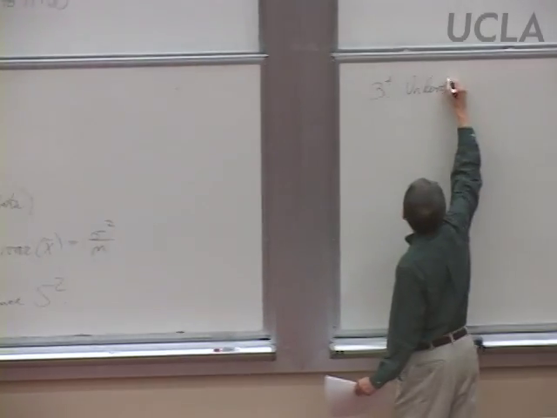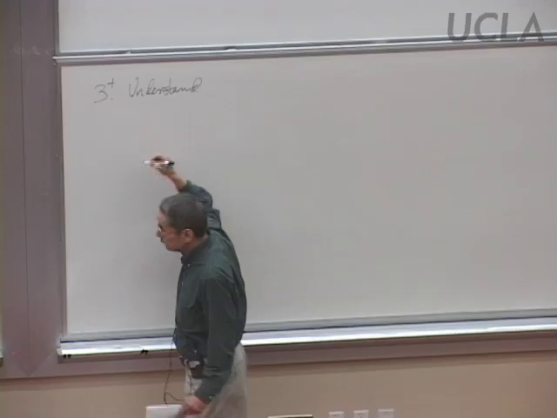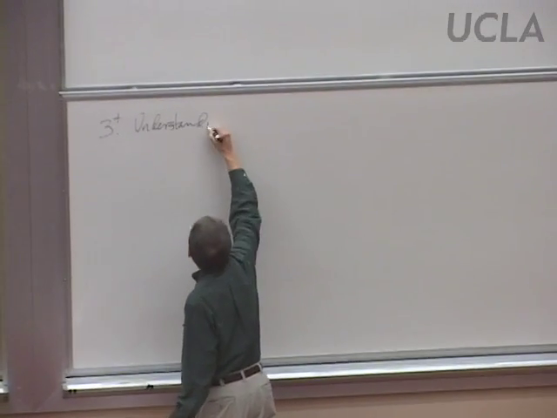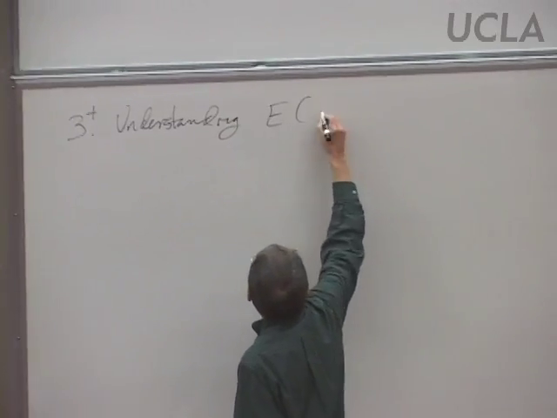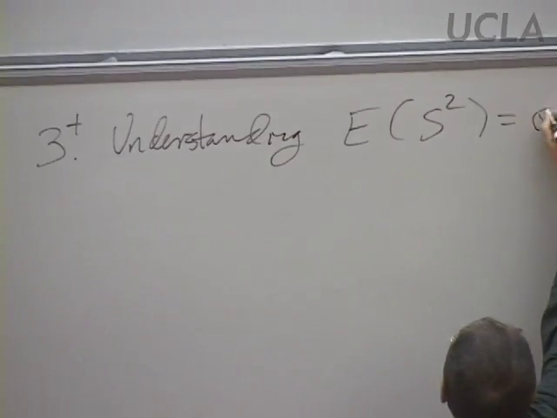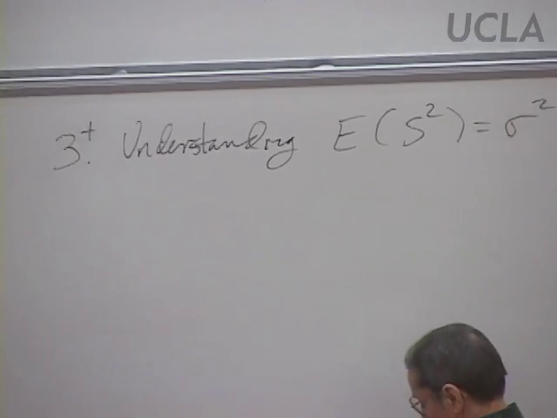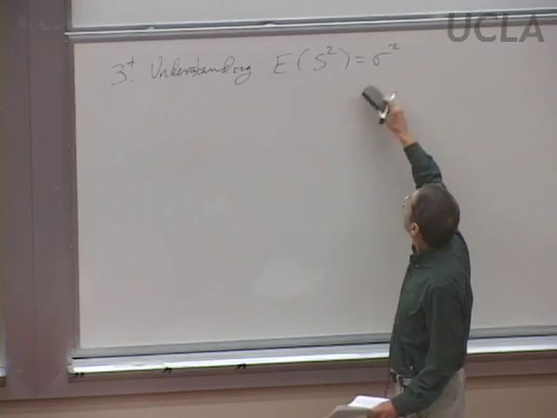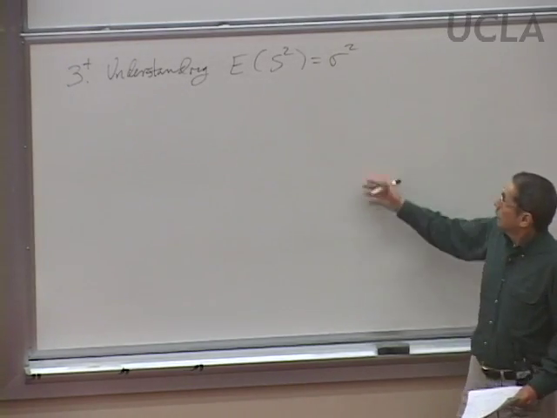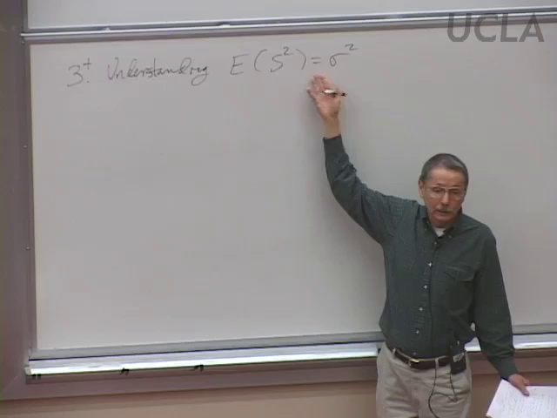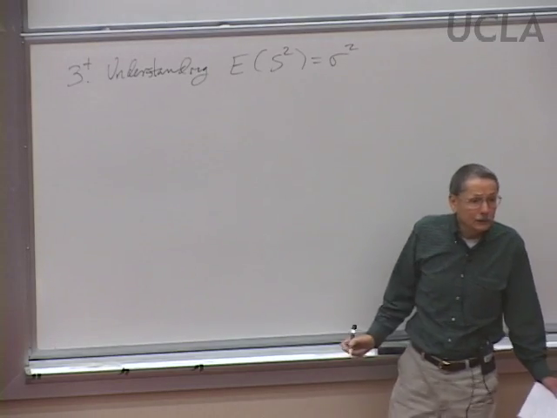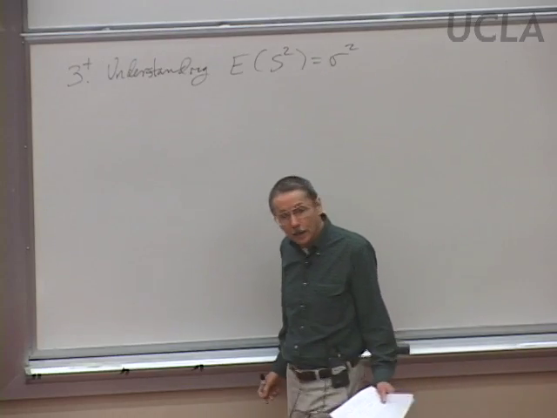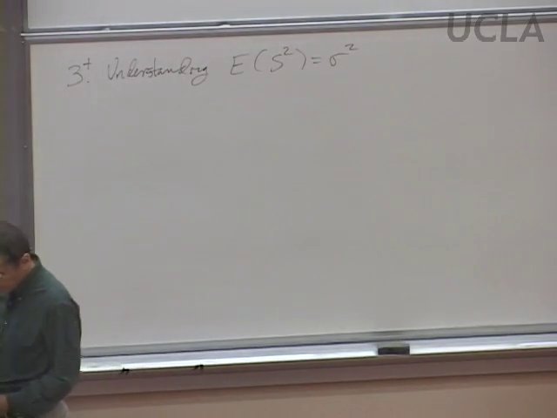And then there's understanding what the sample variance is telling us. The expected value of S squared is sigma squared. So by the law of large numbers for large n, these have a high chance of being close to each other.